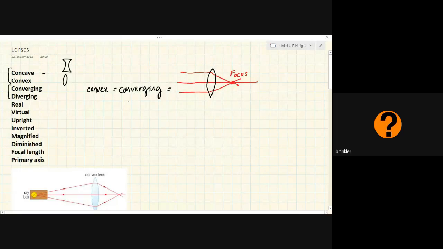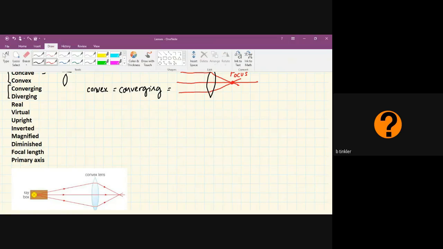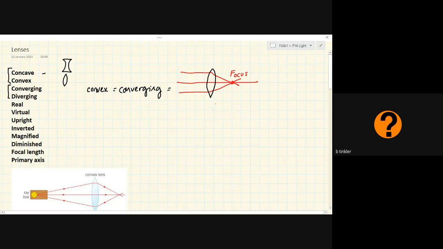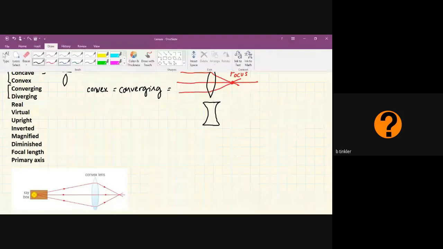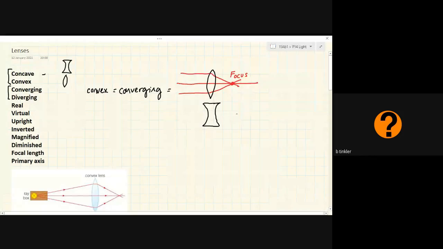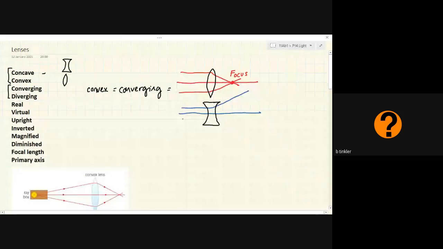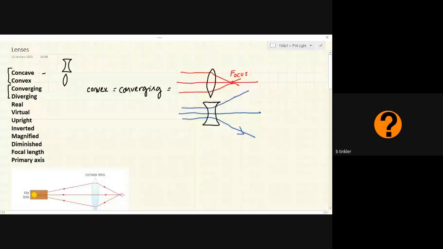So converging, to bring to a point, and obviously diverging is the opposite of that. And so a concave lens, with its caves on either side, is going to do the opposite. It takes light, and the light spreads out like this, and we should show the direction of these rays of light here.